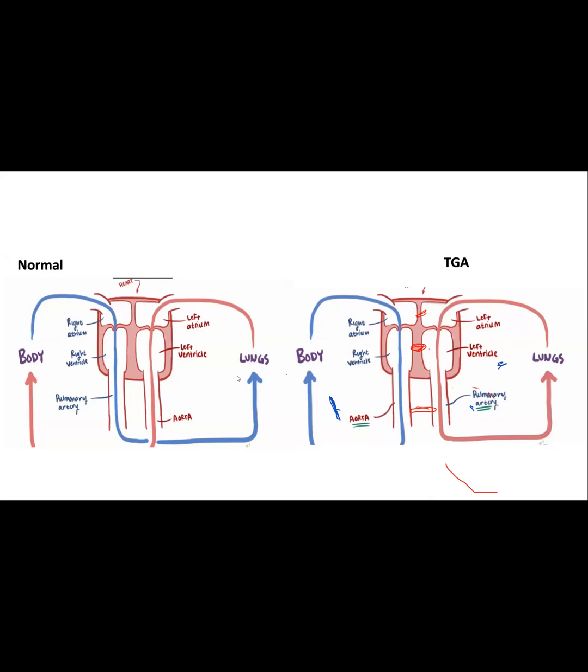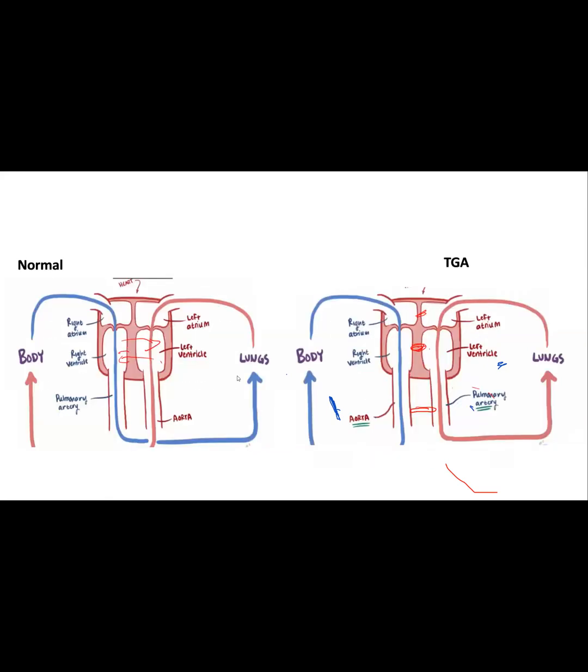In levotransposition, only the ventricles have switched places: the left ventricle has moved to the right side, and the right ventricle has come to the left side, and this is what we call levotransposition. But the aorta and pulmonary artery have not changed their places. It is rare and less common, and it is acyanotic compared to this one. So, moving on to the next slide.